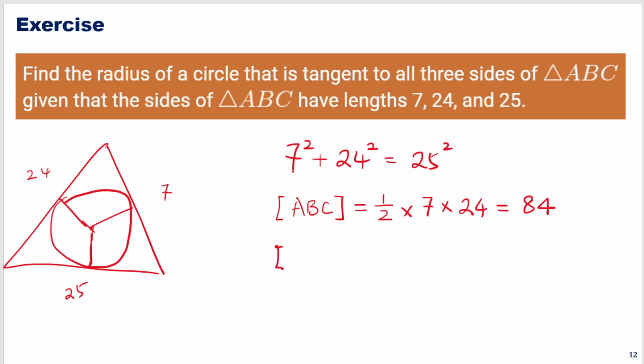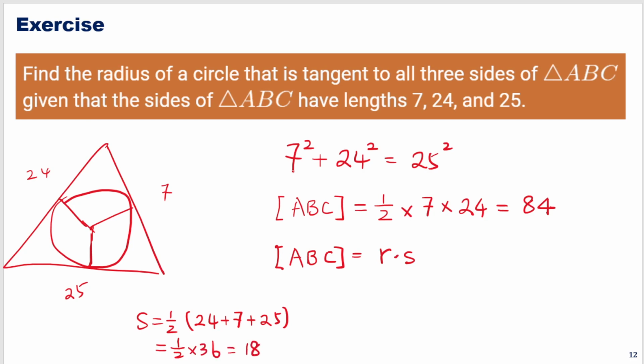And on the other hand, we know the area of this triangle can be given by R times S, right? Where S is 1/2 of the perimeter, which is the sum of all sides. So in this case, S is 1/2 of 56, which is 28.